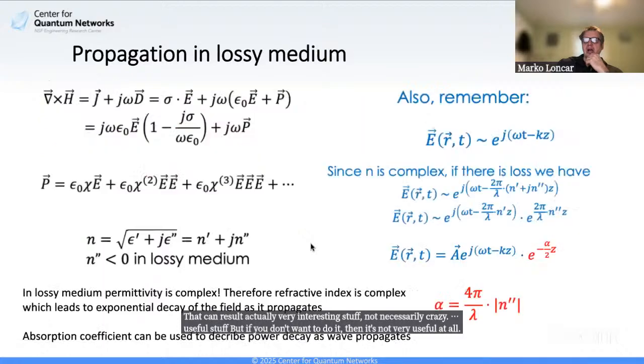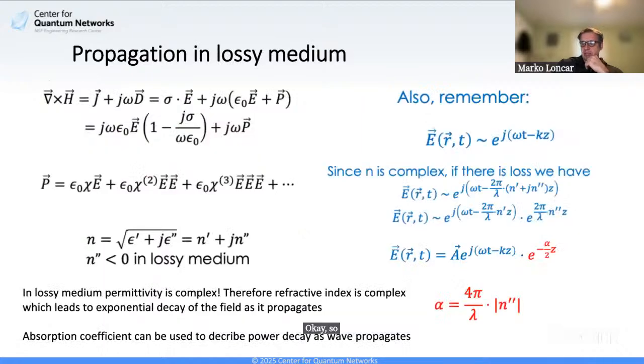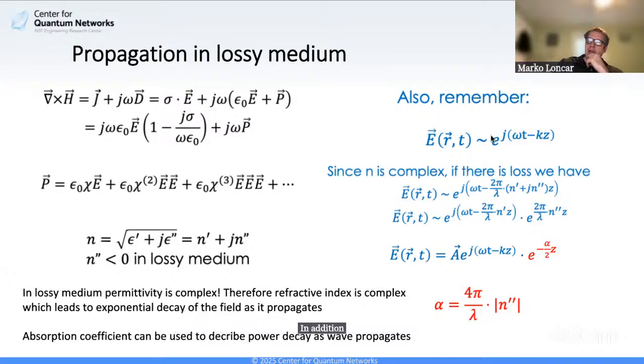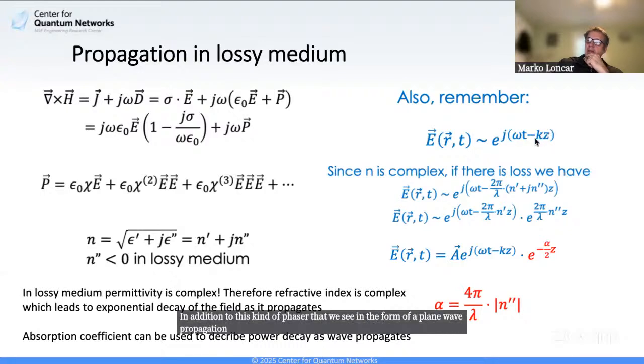Okay, so maybe I will skip this in the interest of time. I will just point out that this is very important to keep in mind. The way we think about light propagating in a lossy medium is that, in addition to the phasor that we see in the form of plane wave propagation, there's going to be, because this k vector is actually 2 pi divided by lambda times refractive index, in a lossy medium the refractive index becomes a complex number.